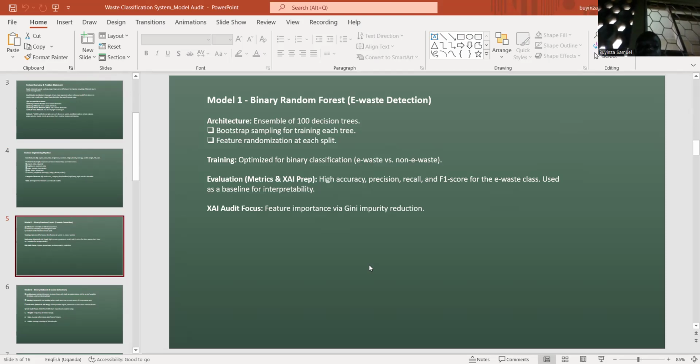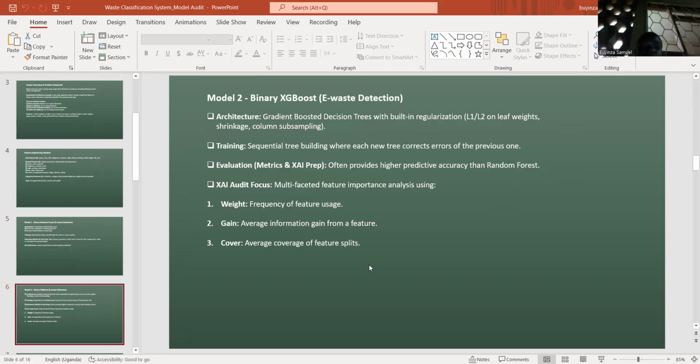When we come to evaluation, that is for metrics and XAI preparation, it looks at accuracy, precision, recall, and F1 score for the e-waste class, used as a baseline for interpretability.